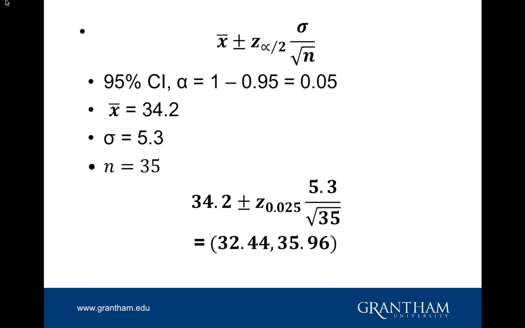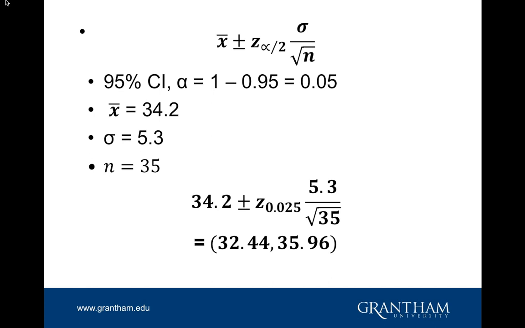Now, why is it that we came up with two numbers? Notice that in the middle of the formula, you have a plus or minus sign. That means that you're going to first subtract from the mean the number on the right of the formula, and then you'll come up with the 32.44.